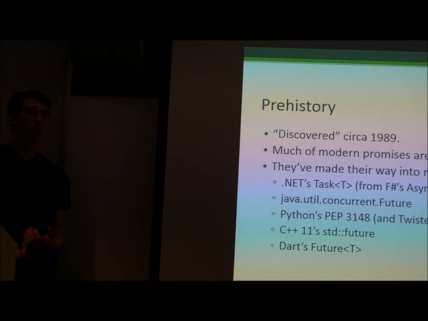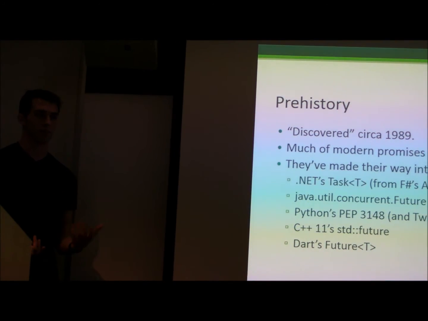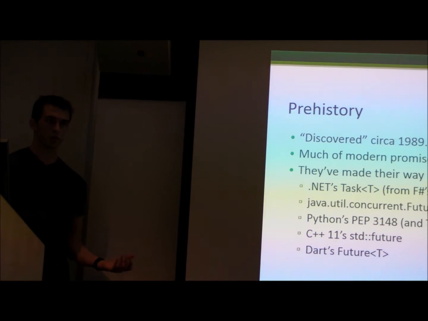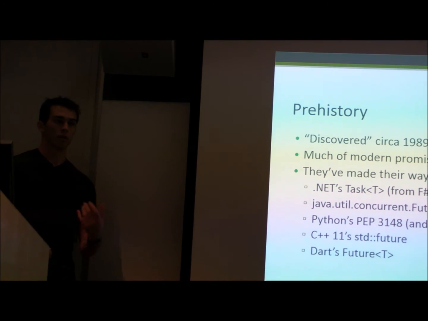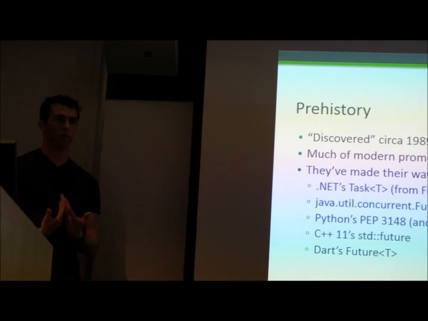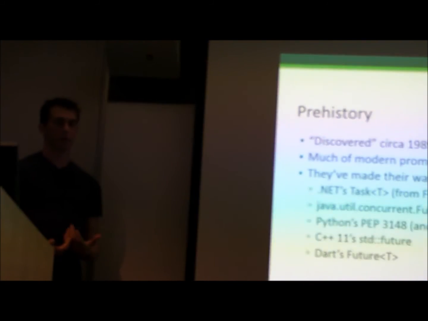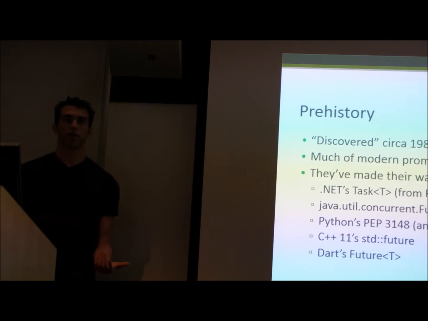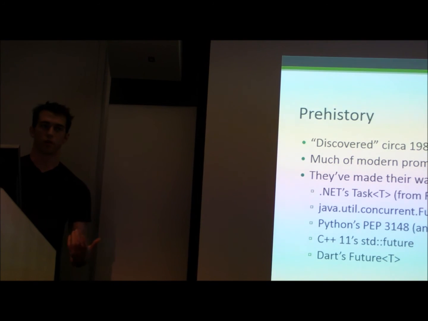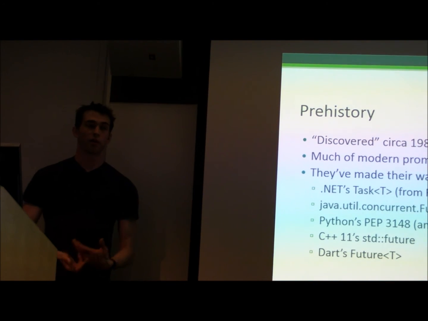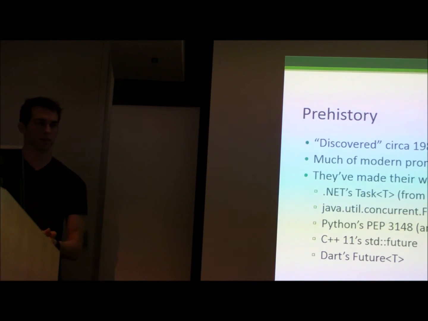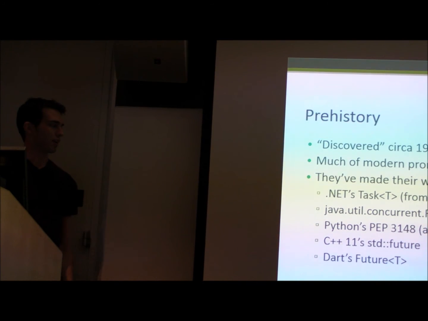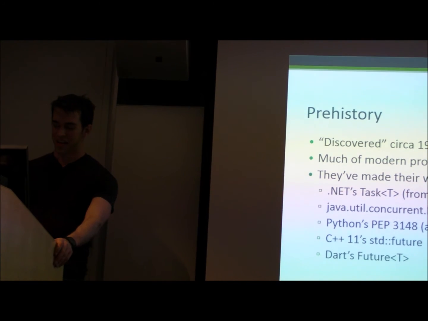And of course, async became Task in the .NET base class library. But it's also in Java. It's also in Python, first the Twisted deferreds from that framework, but also in the language itself, this Python enhancement proposal. C++11, that language keeps growing new features. One of the features it grew is promises. And Dart, JavaScript's jealous kid sister, got promises as well.